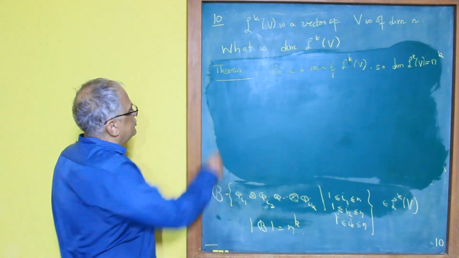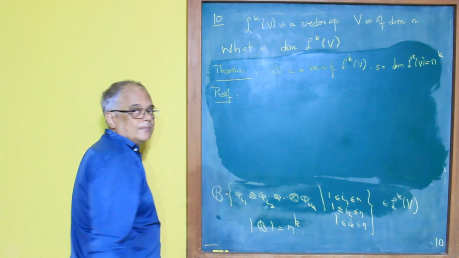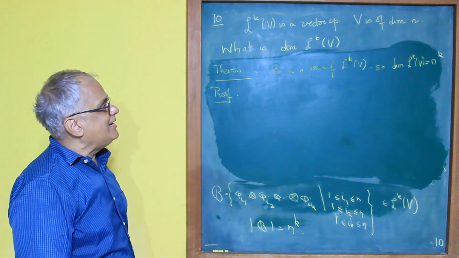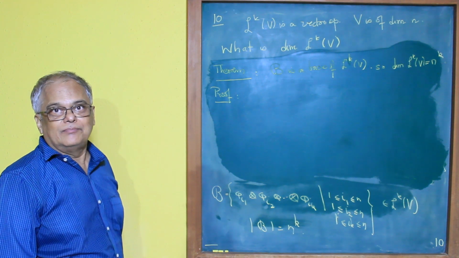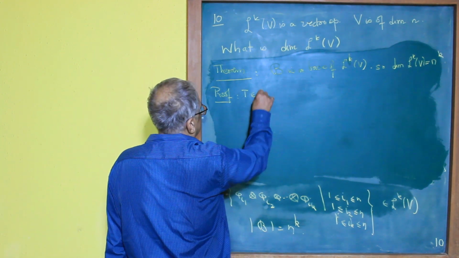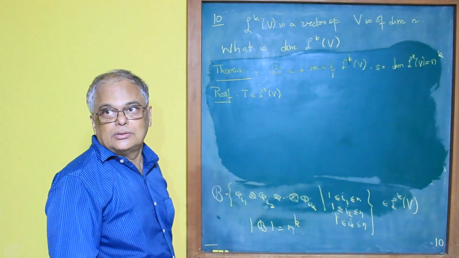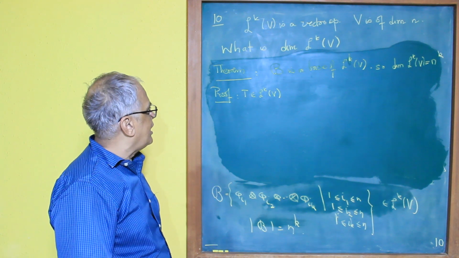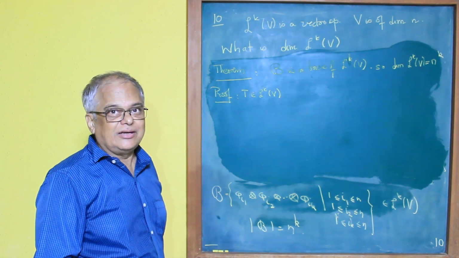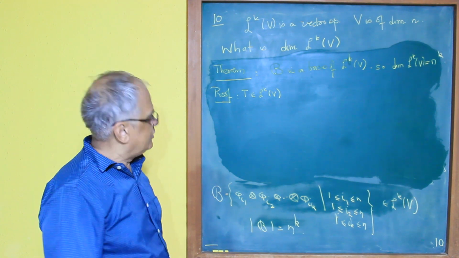So how would you prove this? You take any T in L_k(V). So I should choose what T does at different k vectors in V. Okay. So we'll stop here.